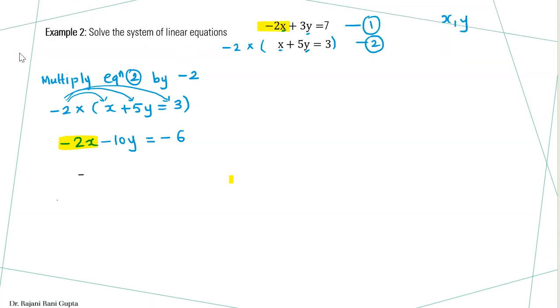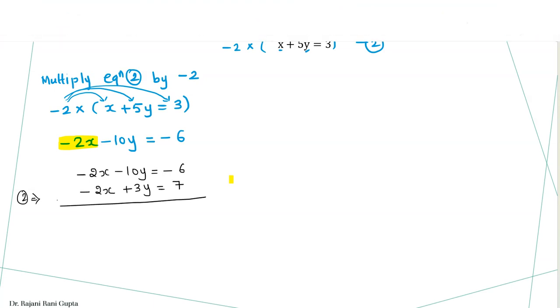So we rewrite this new equation again. Minus 2x minus 10y equal minus 6. And we write equation number 2 again. Minus 2x plus 3y equal 7. Now, after that what do we do? We do the subtraction.